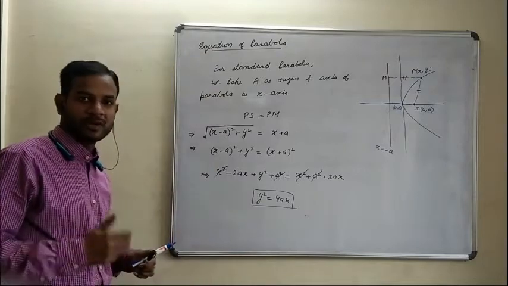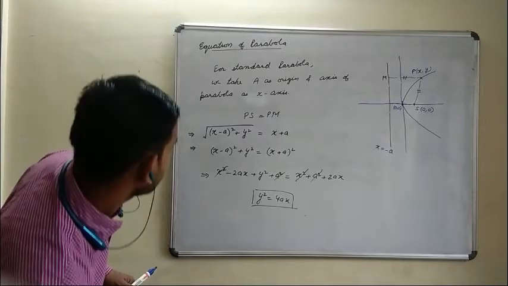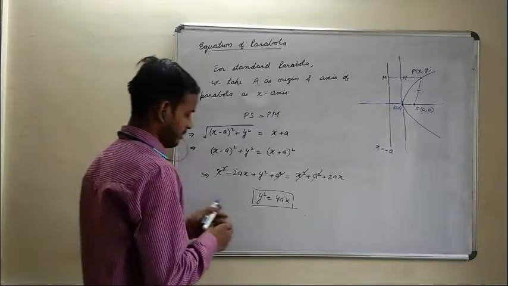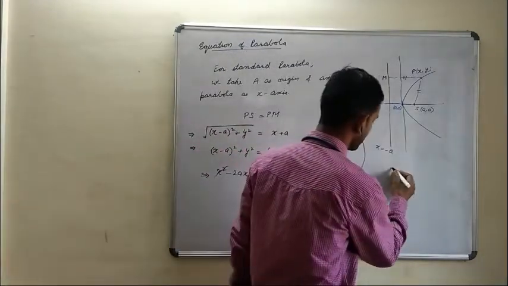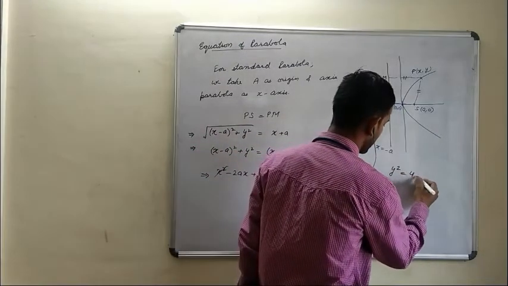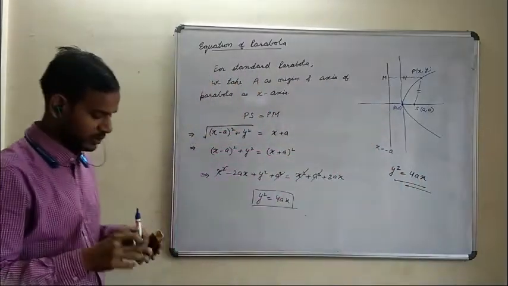Next we are going to calculate the length of the latus rectum. Remember the equation; I'm going to write it down over here: y square equal to 4ax is the equation of this parabola.